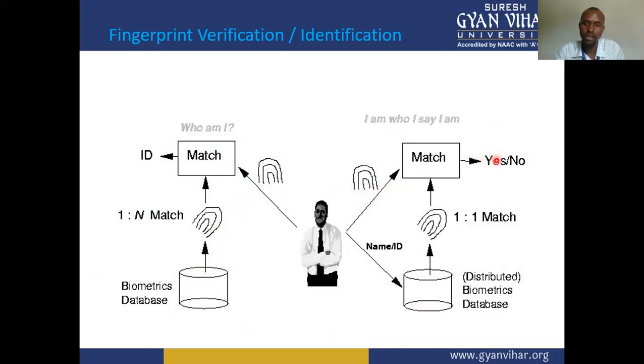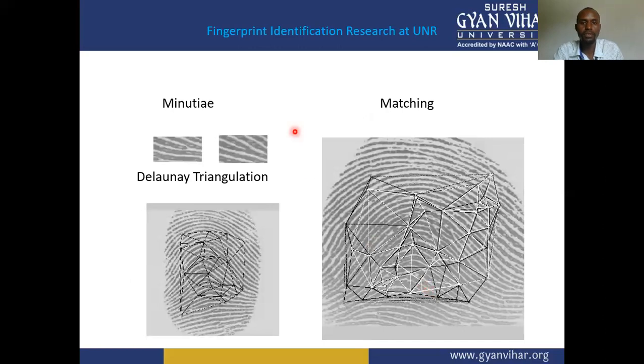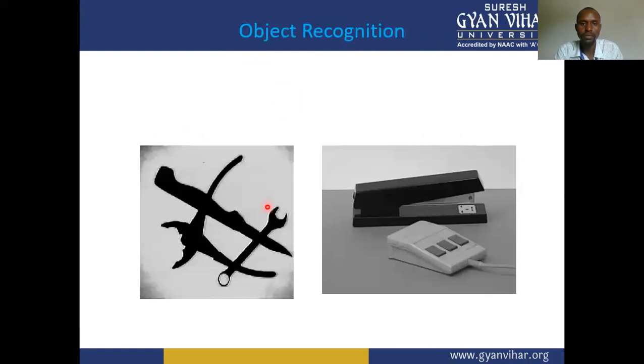Either it will say attendance is recorded, or if not, it will reject. If there is a one-to-one match, then it will return a yes. That is performed by extracting information from the database. We also have fingerprint identification research at UNR, where we perform this fingerprint identification.